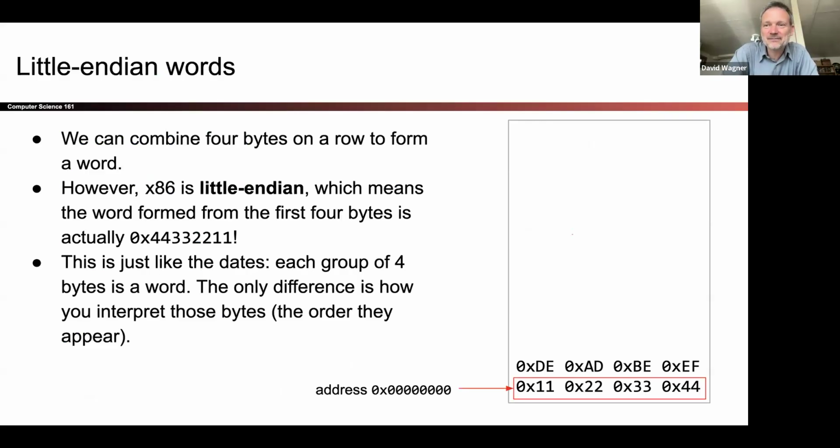And on the Intel x86 platform, the standard way of interpreting memory or storing numbers in memory is little endian, which means that when you have a number, you write it in binary or in hex, and then the first byte that you store is the littlest byte, like the last 8 bits of the binary representation or the last 2 hex digits.